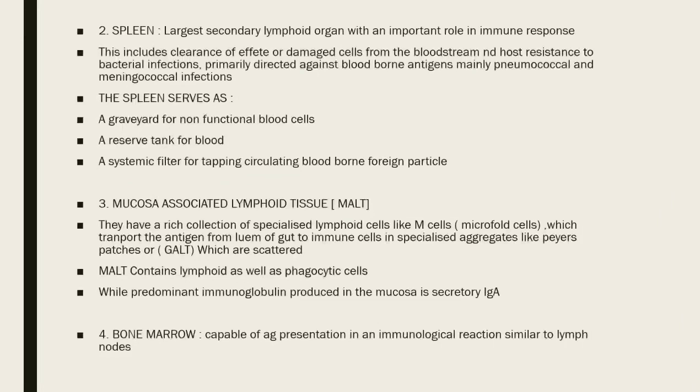Now, spleen. The spleen is the largest secondary lymphoid organ with an important role in immune response. This includes clearance of affected or damaged cells from the bloodstream and host resistance to bacterial infections, primarily directed against blood-borne antigens, mainly pneumococcal and meningococcal infections.